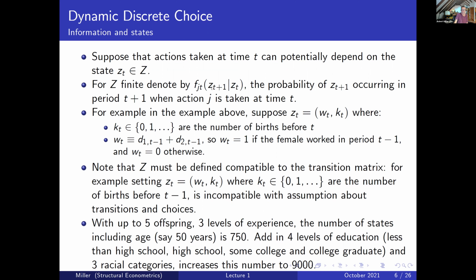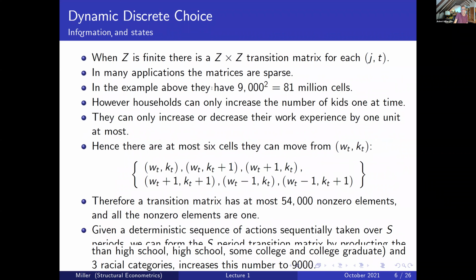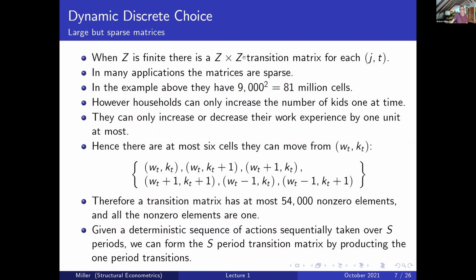So you can see straight out that on the face of it, there are a lot of states, and in this case, since this is a Z by Z transition matrix, given a choice and a time, you got 9,000 squared, you got 81 million cells, okay, in that matrix, 81 million. And that sounds like a lot.